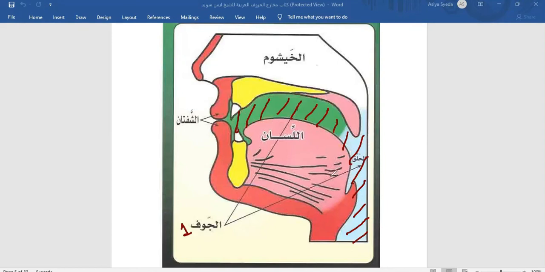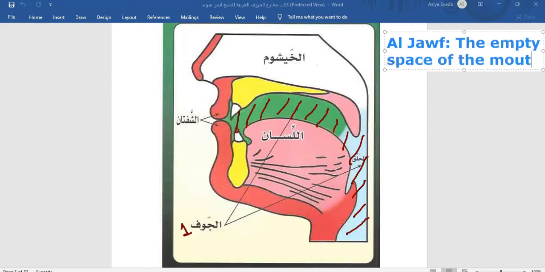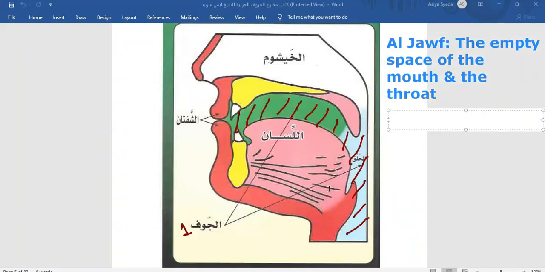So I'm going to write it on the side here. So al-jawf is the empty space of the mouth and the throat. تجويف الحلق والفم, or فمي والحلق. Okay, so both the things. Next, the second one is al-halq, which is the throat.